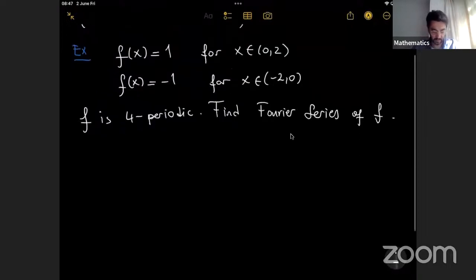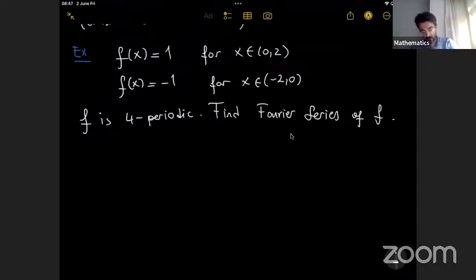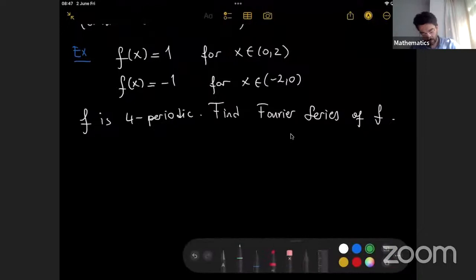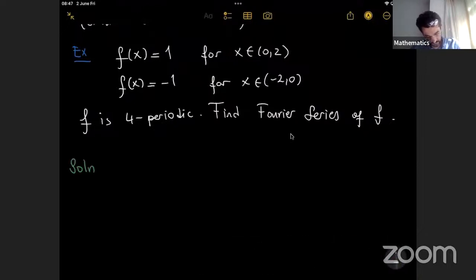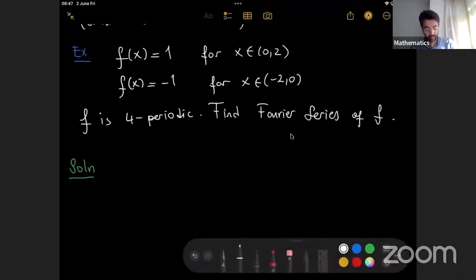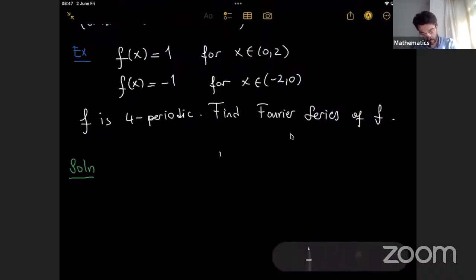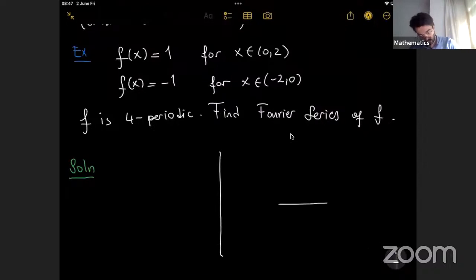Of f. Well, let's maybe sketch the graph of this function first and see what it looks like. Well, this is 1 and minus 1, so it's something like this. Between 0 and 2, it is 1. This is 2 here.